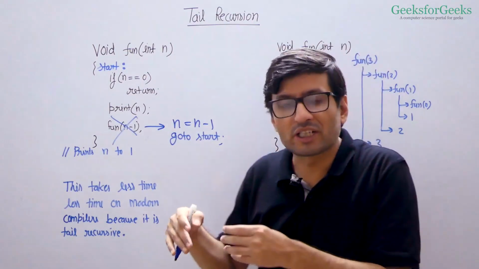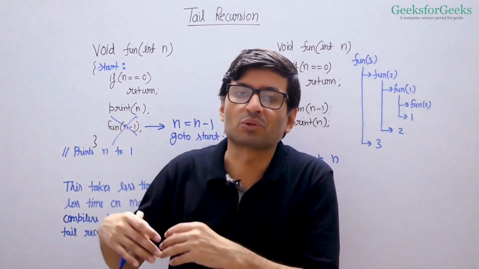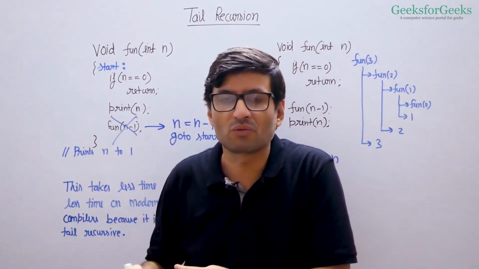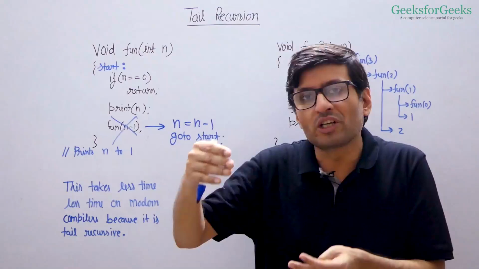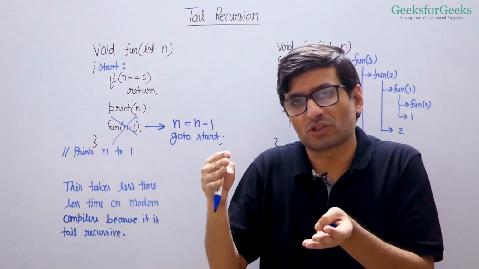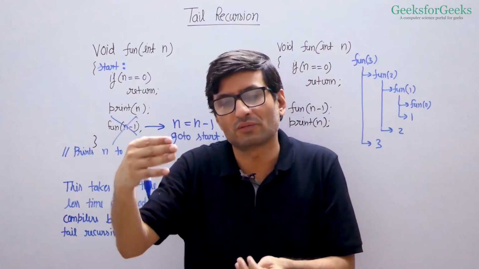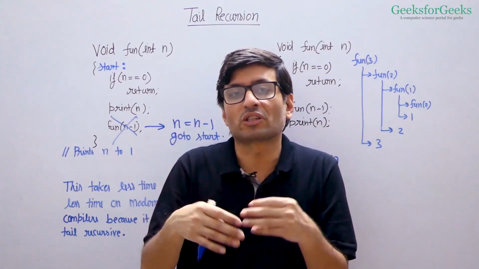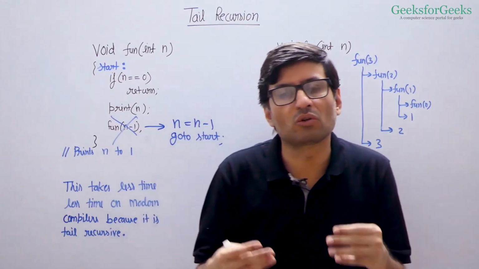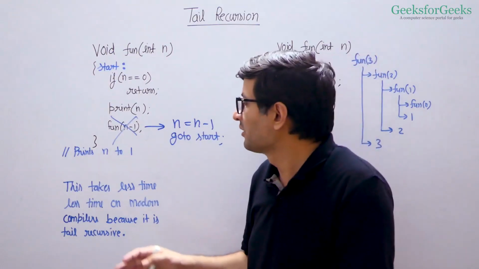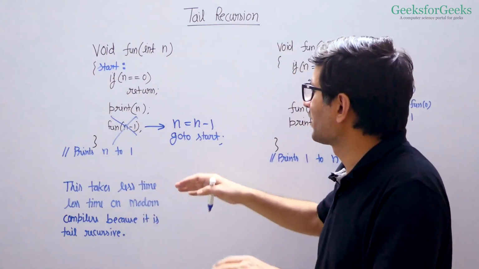And you can notice that if this optimization was not done, you would need big O of n auxiliary space for the recursive function calls. You need to store the states of the functions, and then you need to resume from those states. All that overhead is gone, right? Because it's no more a recursive function.